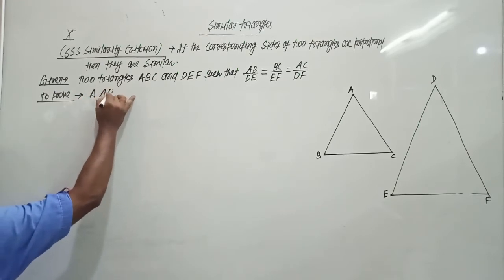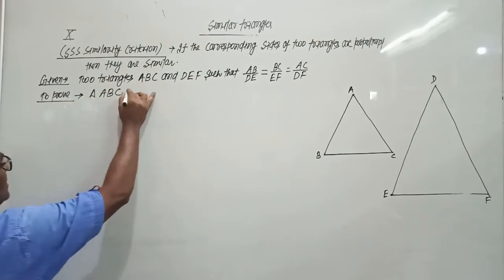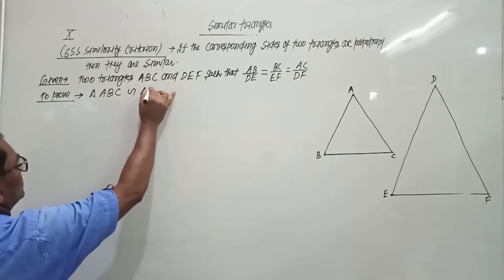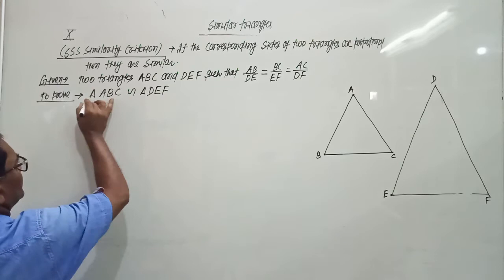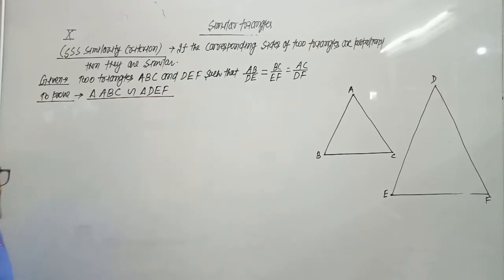We have to prove that triangle ABC is similar to triangle DEF.